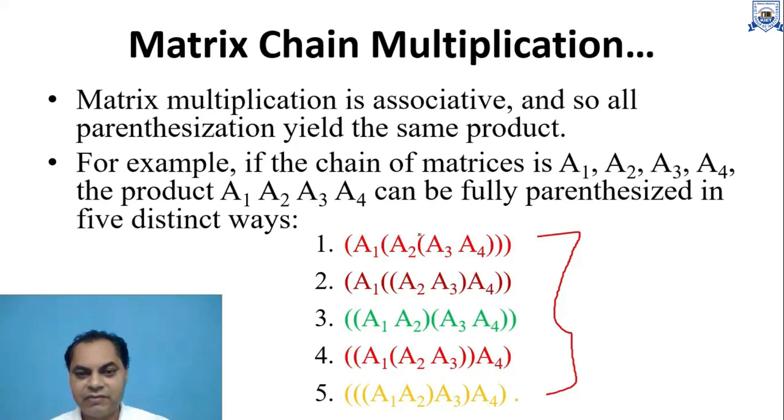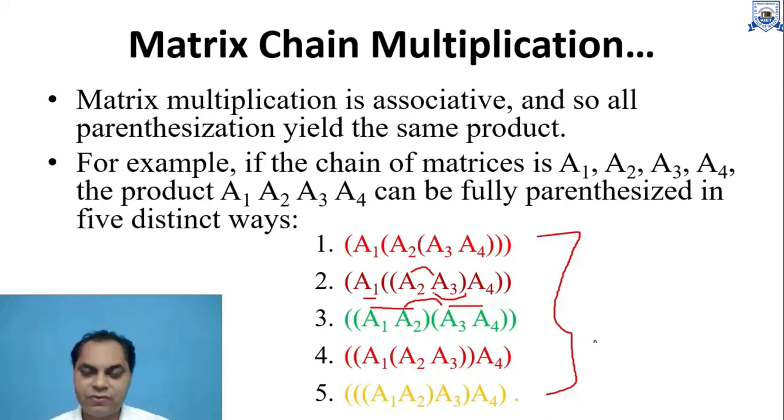Then whatever we get, it is multiplied with A1. Or we can multiply A2 and A3 first, then multiply it with A4. Then whatever we get, we multiply it with A1. Or we can multiply A1 with A2 and A3 with A4 separately, and after getting the matrix product of A1, A2 and the product of A3, A4, then multiply them together. Similarly, there are two or more possibilities.